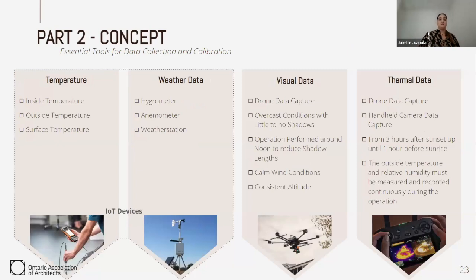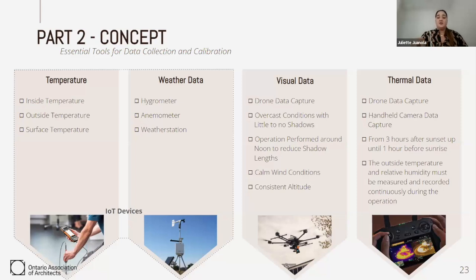Then once this pre-operation phase is over, it is time to collect the data for the purpose of the analysis. I talked about the IoT devices in the previous slide. This is really how temperature and weather data can be collected all around the building, and the parameters that are collected really depend on the purpose of the analysis and the needs of the engineers and customers.